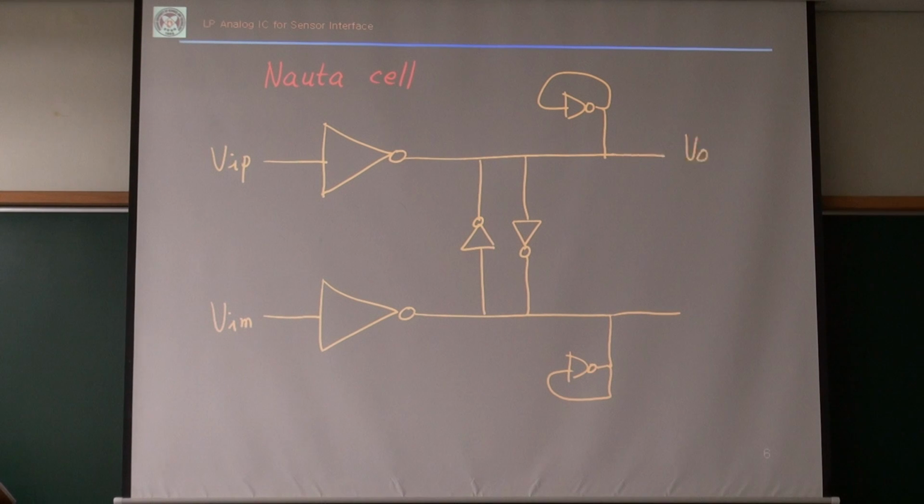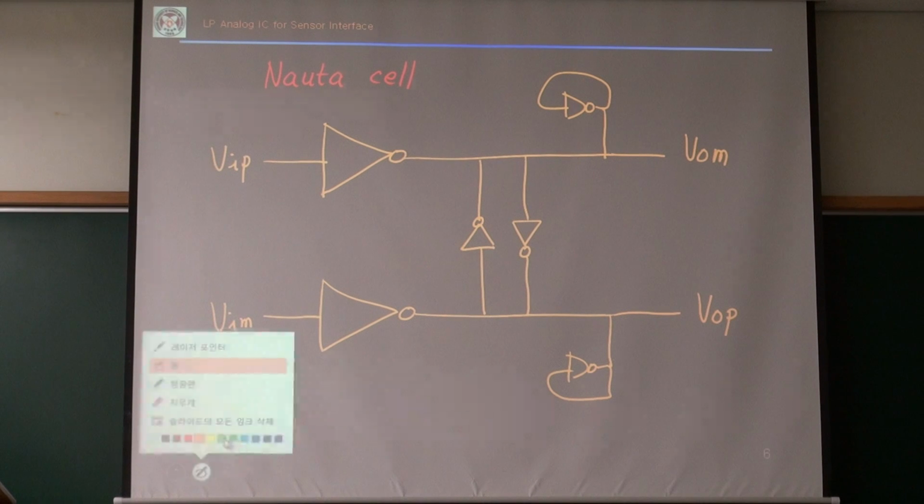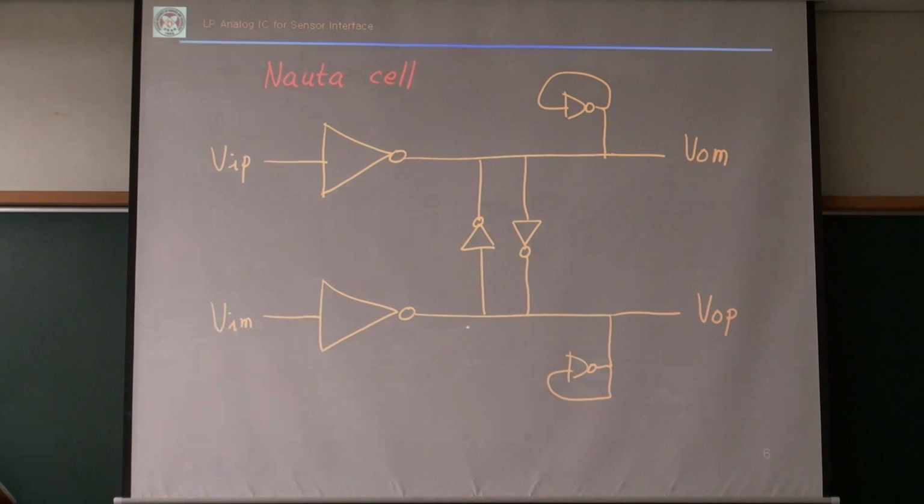This is VOM, VOP, okay? Those two inverters determine the common mode output voltage.